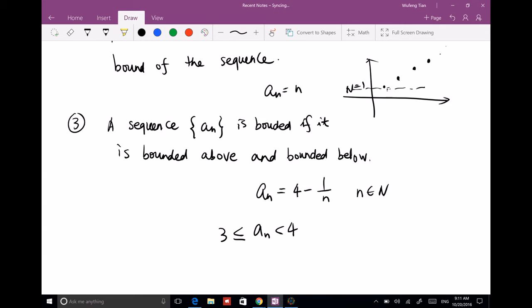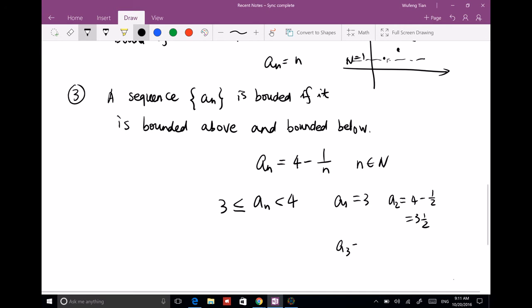For example, a1 equals 4 minus 1, which is 3. a2 equals 4 minus 1/2, which is 3 1/2. a3 equals 4 minus 1/3, which is 3 2/3.